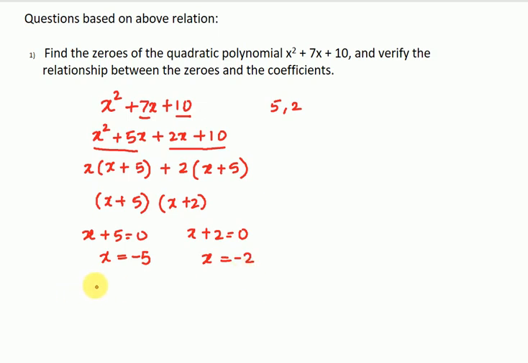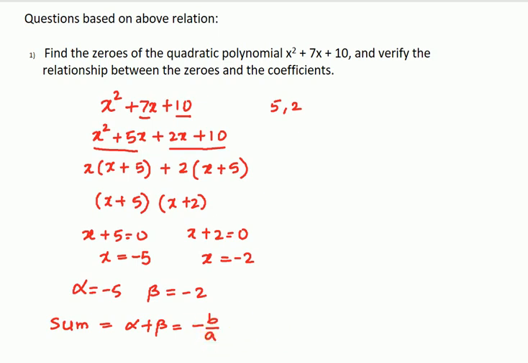This means one of these values we consider as alpha, that is minus 5, and the second value as beta, which is minus 2. Now we need to find out the relation between zeros and coefficients, and we need to verify it. So what is our first relation? Sum of the zeros, that is alpha plus beta, is equal to minus b by a.